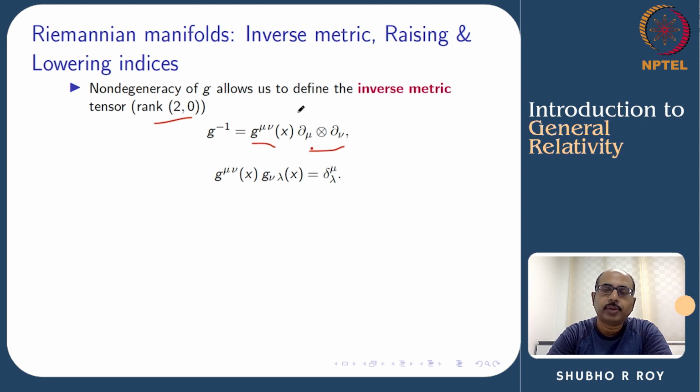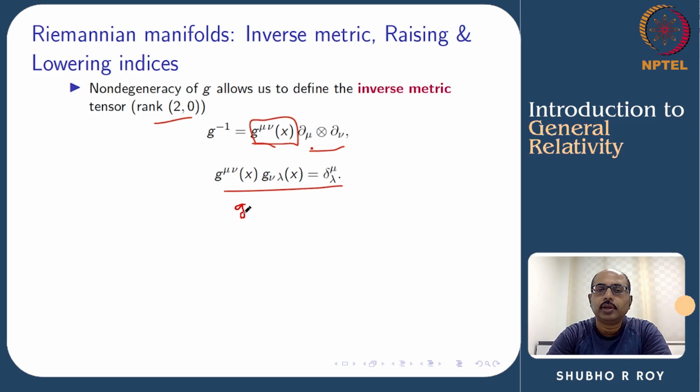We can use a general basis, but in coordinate basis it would look something like this. And the component, this real number, g superscript mu nu of x. Because it's the inverse metric, these components are defined by this condition. So as you can see, matrix-wise, it is an inverse.